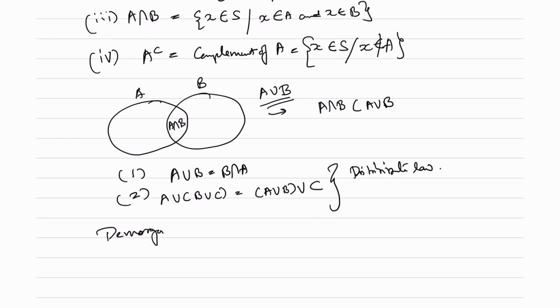I'm not going to go into the detail, but the idea behind De Morgan's law is that the complement of A union B is nothing but the complement of A intersection the complement of B. That's De Morgan's law.